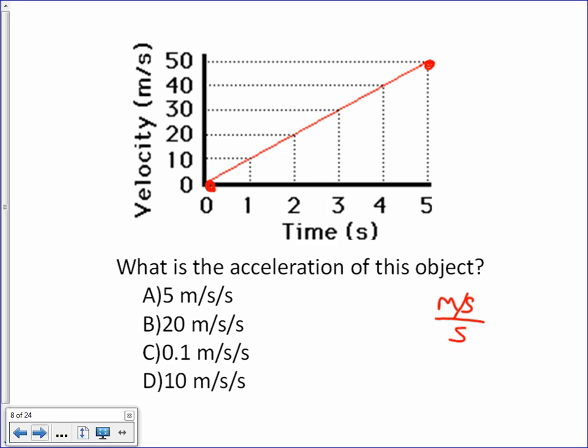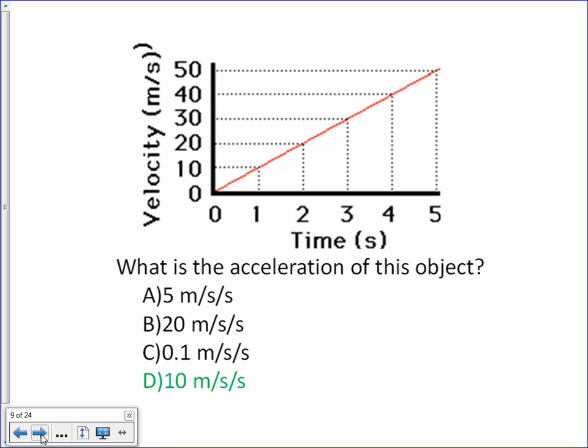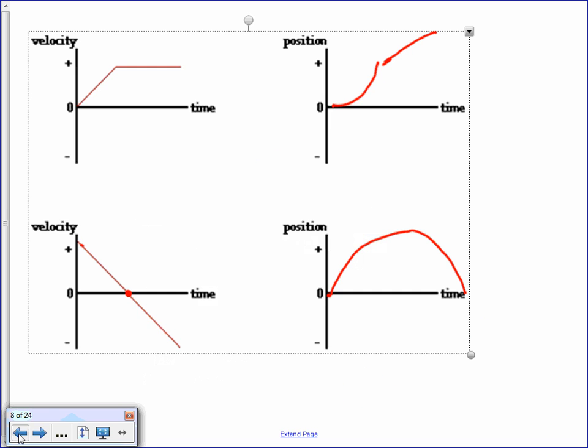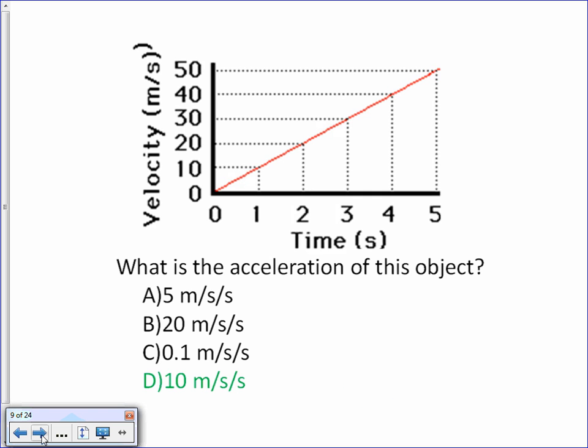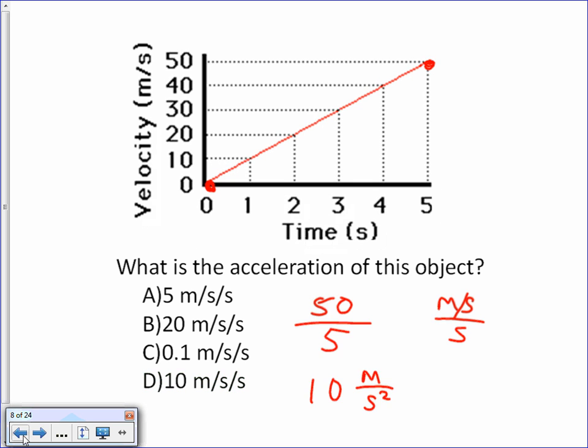So we've increased our velocity by 50 meters per second, and it's taken us 5 seconds. Now I'm going to use that shortcut we talked about, meters per second squared. Oops, did I do that right? No, I did not. Someday I really should learn how to divide. Actually, I did get that right. I'm sorry.